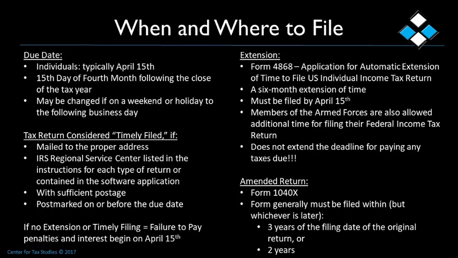However, filing this form does not extend the deadline for paying any taxes that are due. So as you file this Form 4868, you must pay any tax that you believe is owed to the government. Now, if you did not file an extension or timely file, you can incur failure to pay penalties and interest beginning on April 15th.